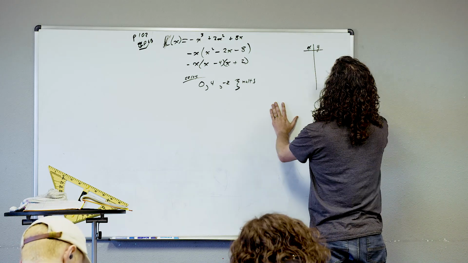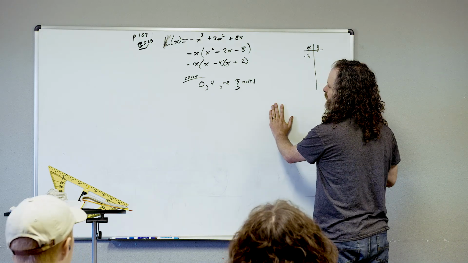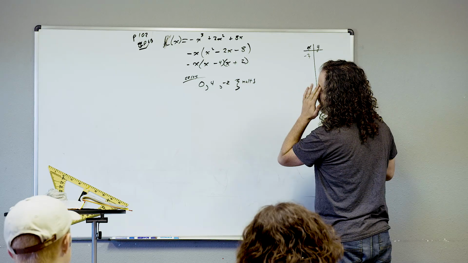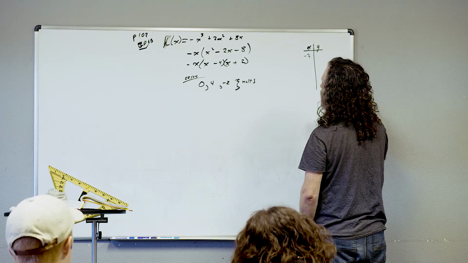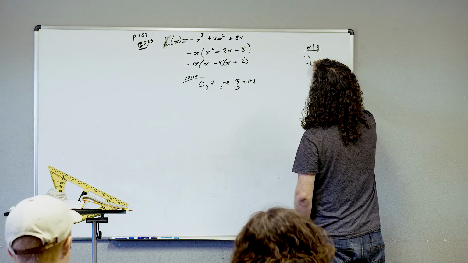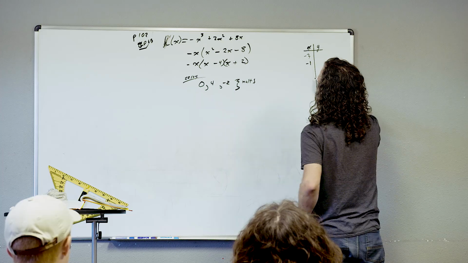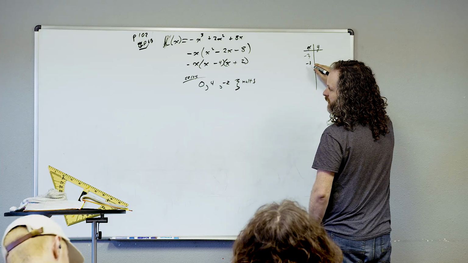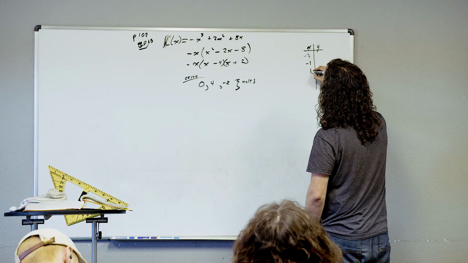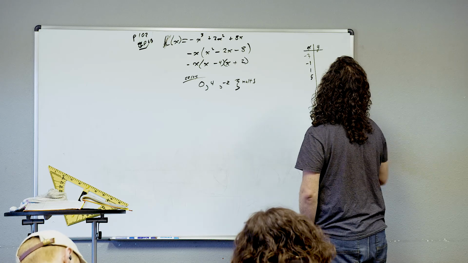So let's pick one over here. How about negative 3? Sounds good. Then let's pick one at negative 1, between these two, and then something between 0 and 4, so how about 1, and then something bigger.